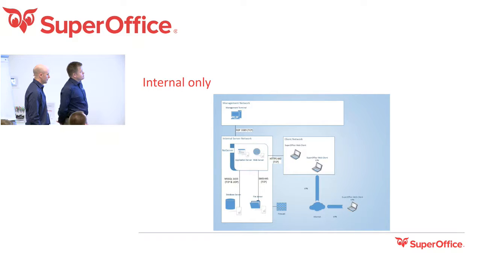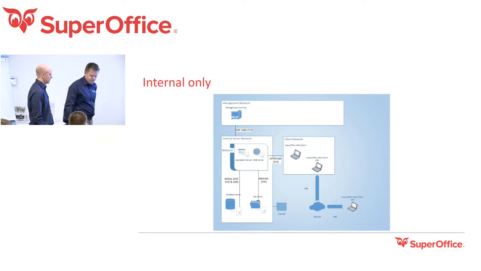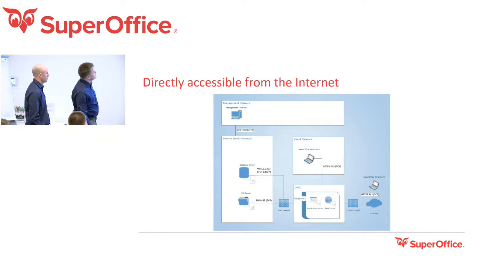Then it's pretty easy. Normally you have all the servers installed in one zone, and the client network in another zone. You can use VPN from the outside to connect to this network, but it will not be publicly available. So we're not going to talk about this scenario so much.